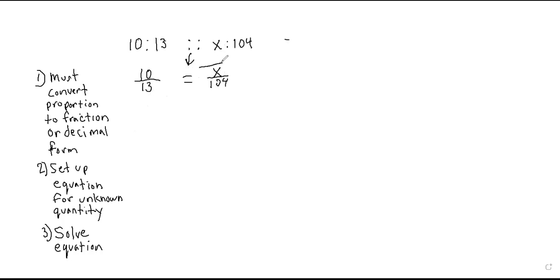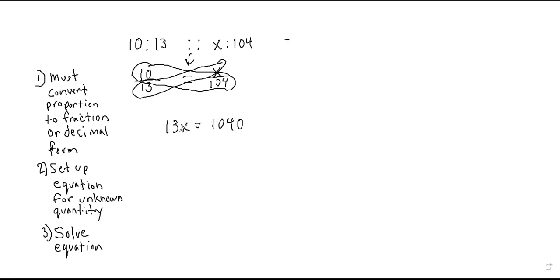So we cross multiply 13 times x equals 10 times 104, right? And what we get is 13x, this is our equation now, 13x equals 10 times 104, which is 1040. Right.